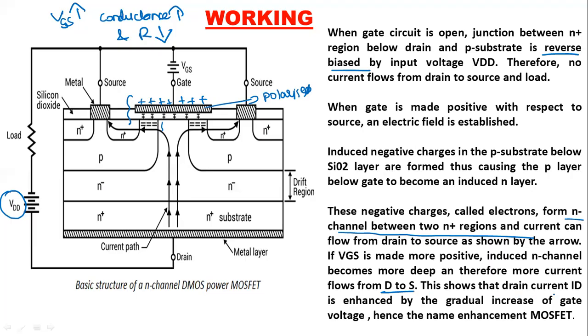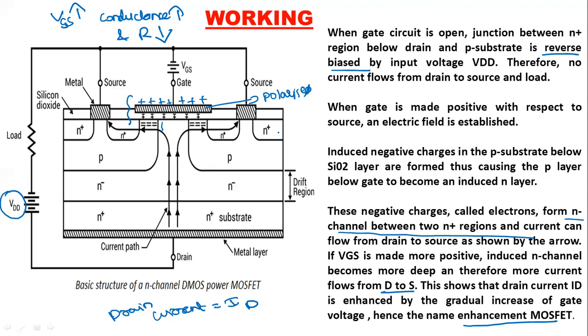This shows that the drain current ID is enhanced by the gradual increase of gate voltage. Hence the name enhancement MOSFET.